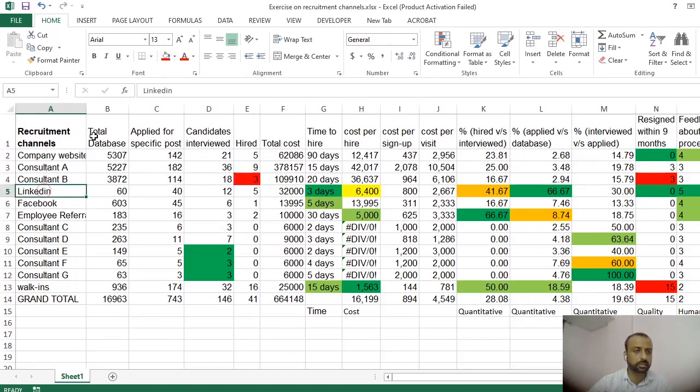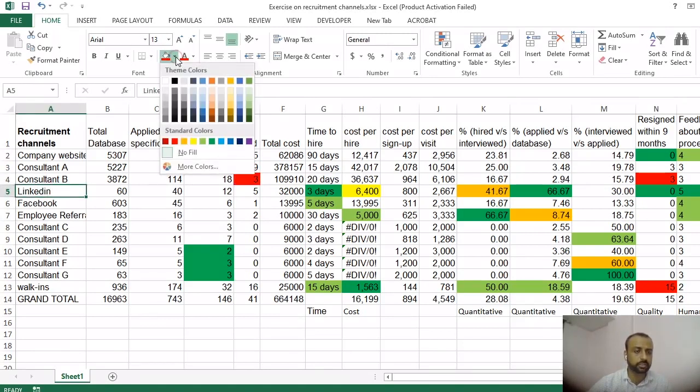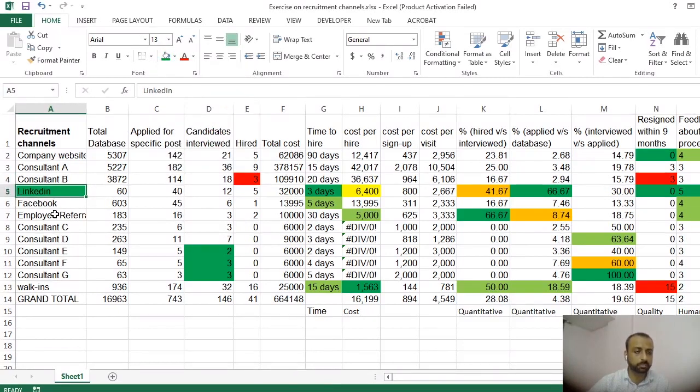So for next year, my number 1 recommendation would be LinkedIn. Number 2 recommendation possibly is the employee referral. Walk-ins are out because there is a problem towards the end. Within 9 months, most of them resign. Similarly, I may give a chance to consultant A and my own website.